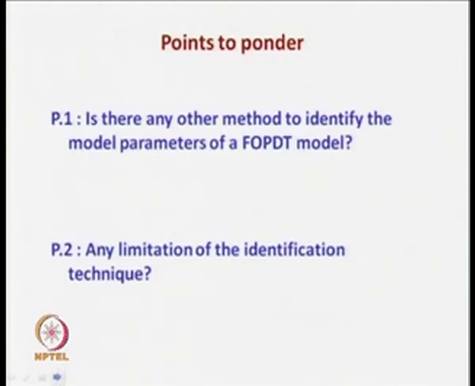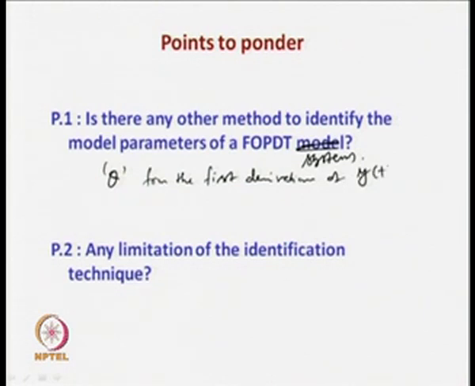Some points to ponder. Is there any other method to identify the model parameters of first order plus dead time systems? Yes, there are many techniques. To name a few, one can estimate the time delay parameter from the first derivative of the sustained oscillatory output.